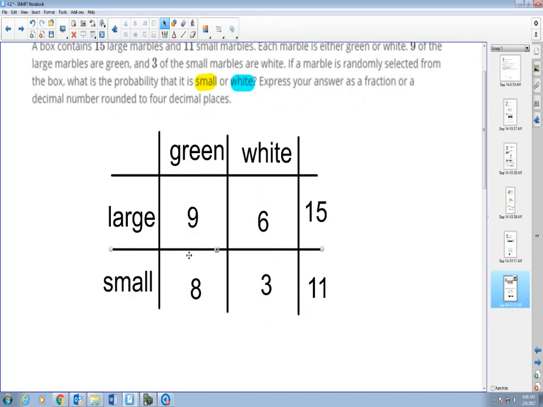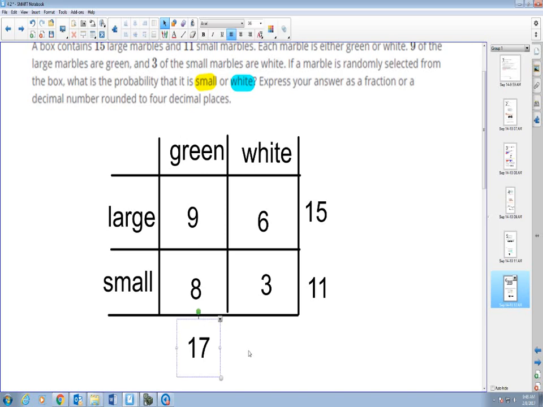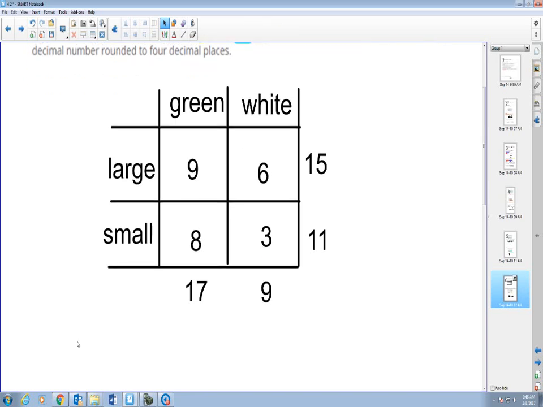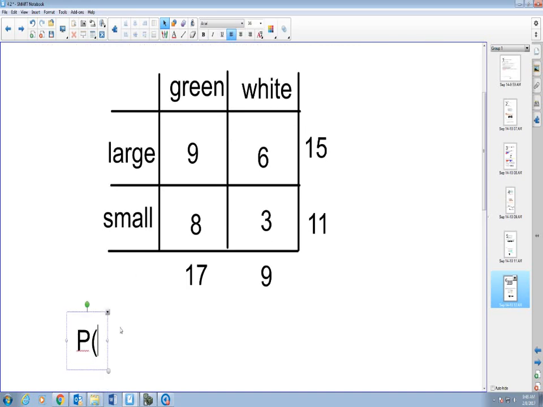Now, let's have a total down here. What's the total amount for being green? Well, 17 green. 9 total are white.